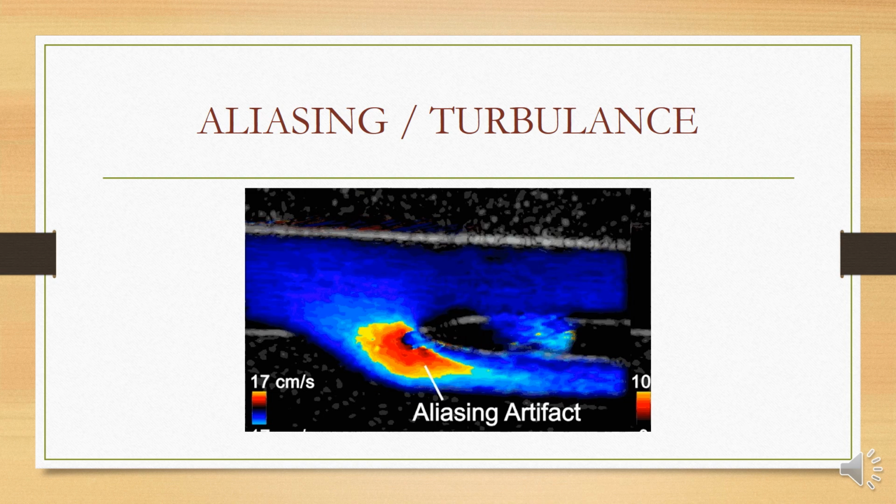One, when the PRF is not particularly set according to the flow velocity of the vessel, and if there is any branching pattern of the artery, and also if there is any stenosis, it will show aliasing, which shows a turbulence. So basically aliasing shows the turbulence in the blood flow in cases of branching, in cases of stenosis, and also if the PRF is not properly set.